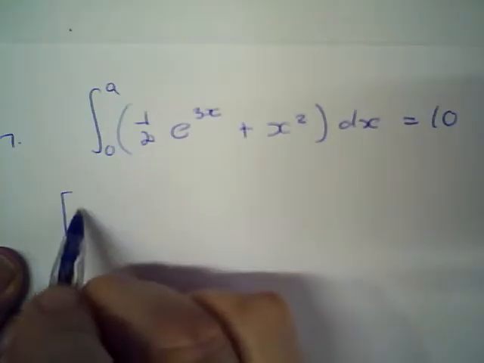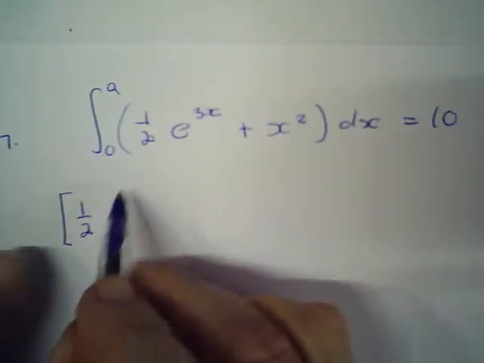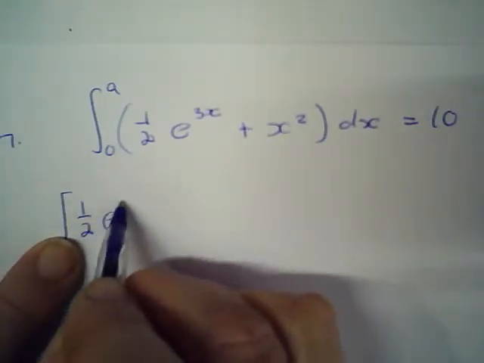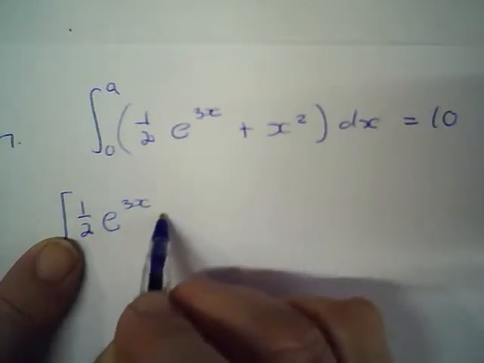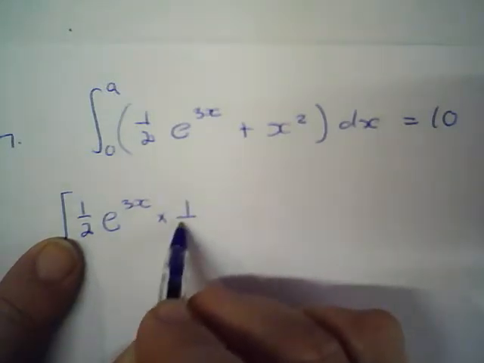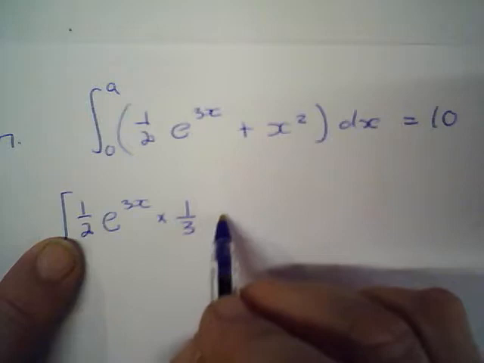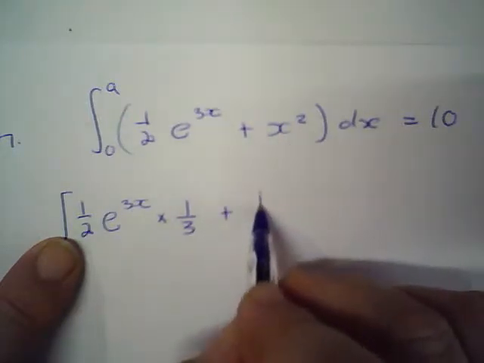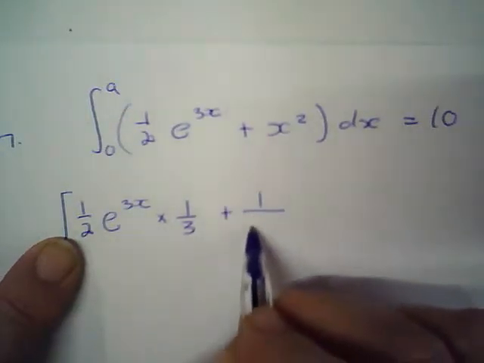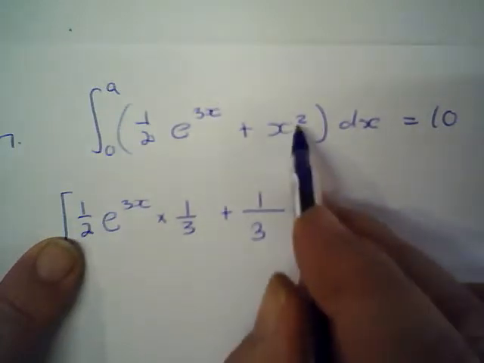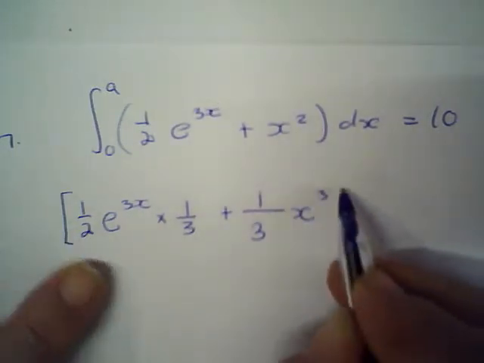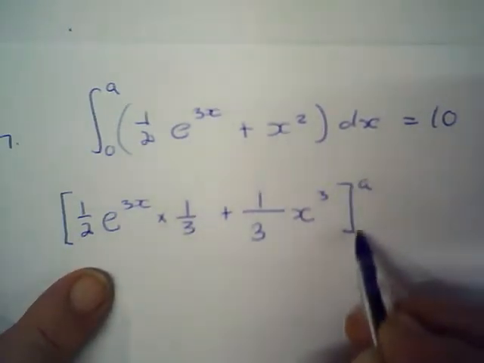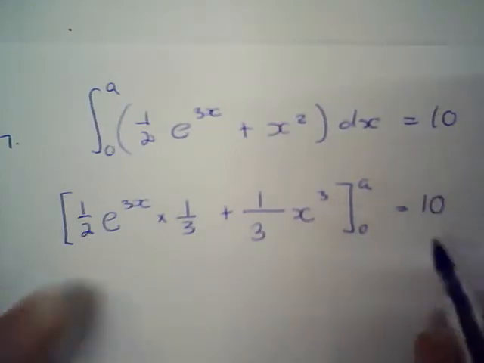A half will just be pulled out. e to the power 3x would be e to the power 3x times 1 over the derivative of the inside, that would give us a third, plus 1 over n plus 1, that would give us 3, x to the n plus 1 would give us x cubed, and apply our limits, and we will get 10.